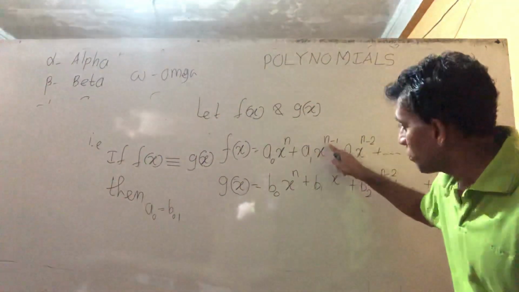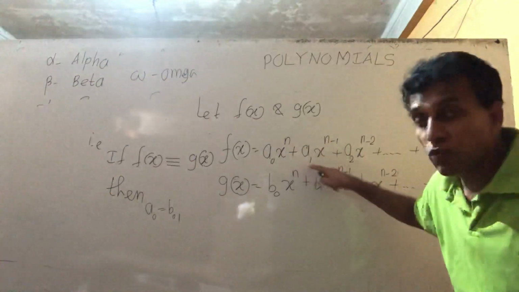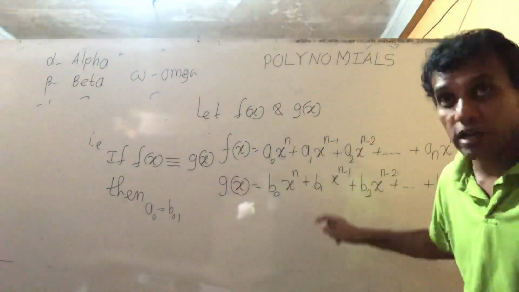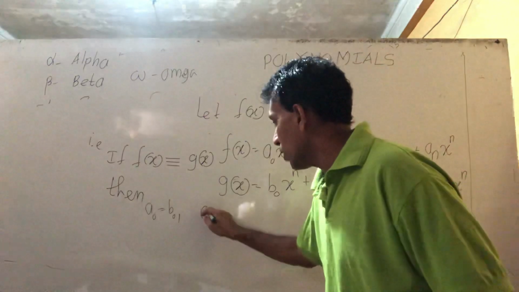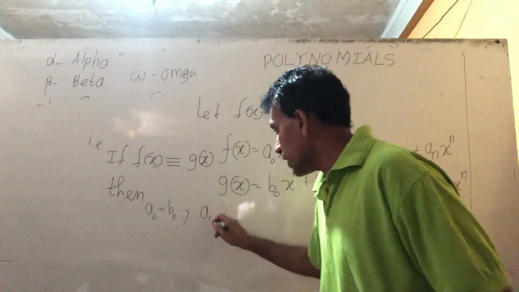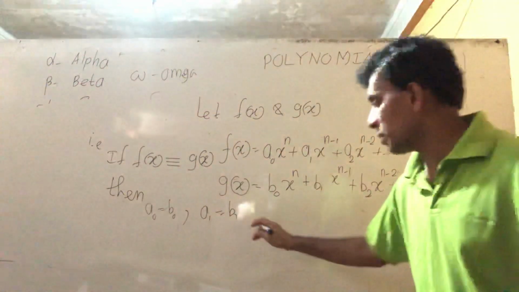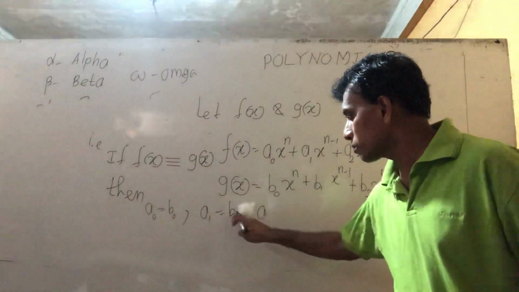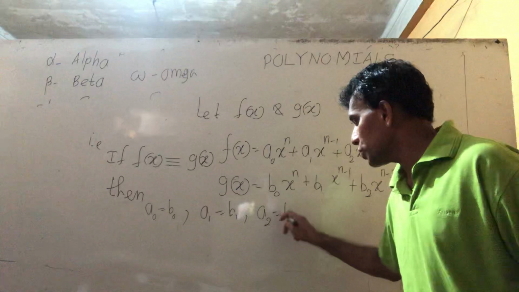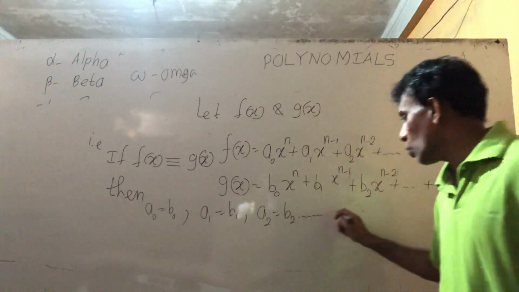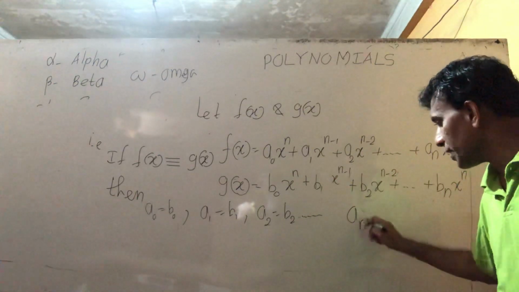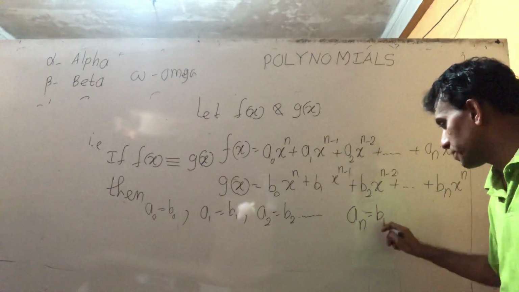Next, for x to the power n minus 1, the coefficients are a1 here and b1 here, therefore a1 equals b1. Similarly, a2 equals b2, and so on, an equals bn.